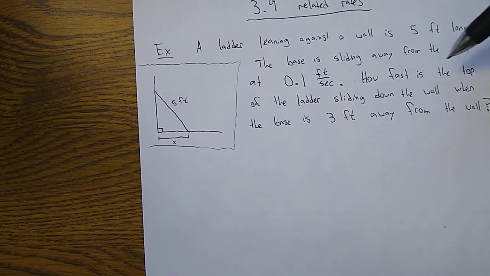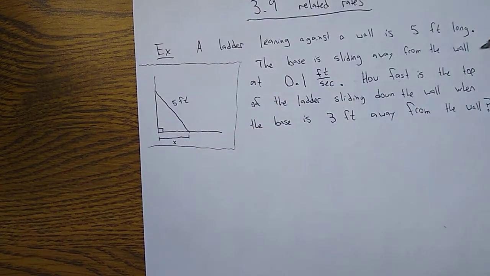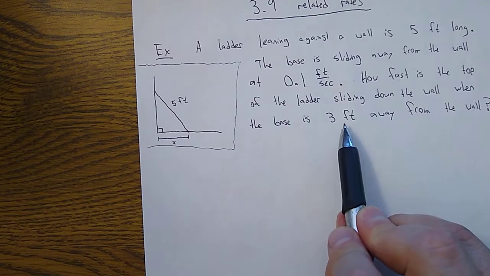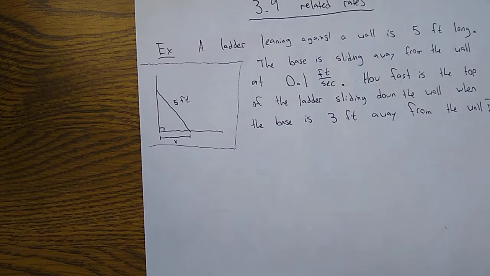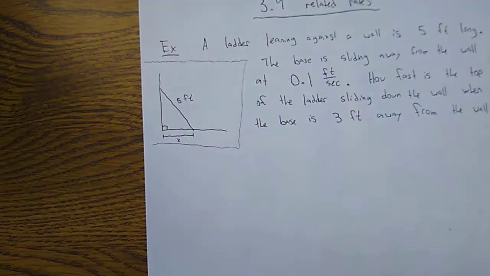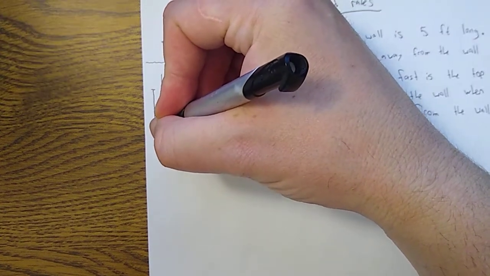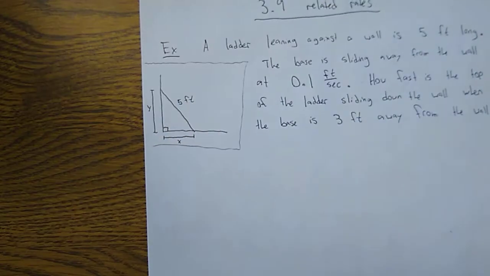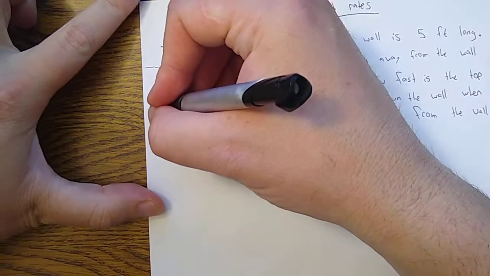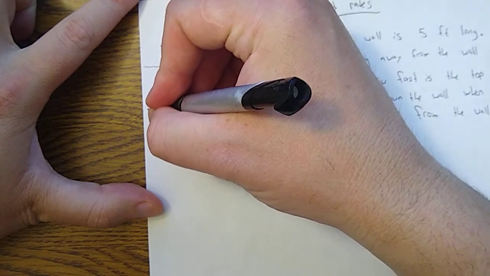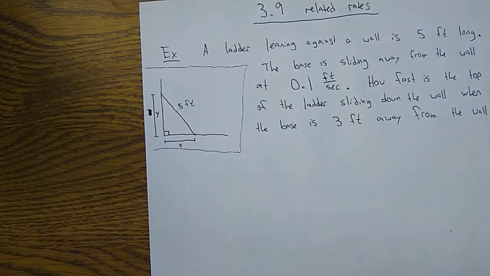For example, I know how fast the base is sliding away from the wall, and I also know that at the instant in question, the distance is 3. So this is clearly a relevant variable. Also, the variable I'm actually being asked about is this, so I'll call that y. I'm worried that if I write too far to the left, it won't show up on the scan, so I'll write the letter y right there.